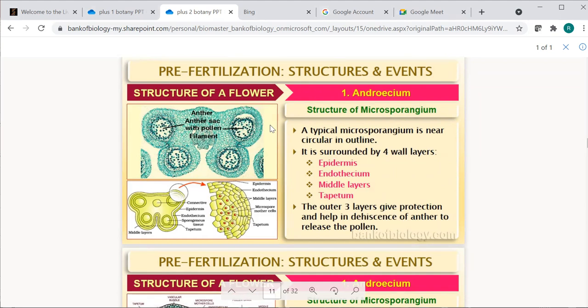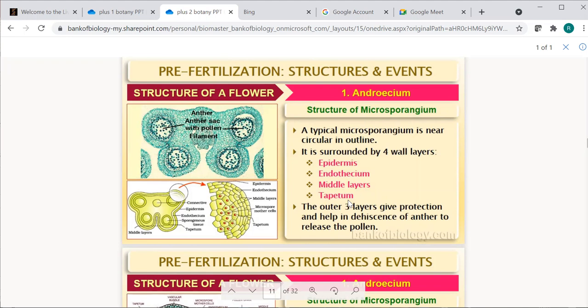Endo मतलब epidermis के नीचे वाला, the endothecium, inside covering. Endo का मतलब covering, endothecium. The middle layer, उसके नीचे आएगा middle layers, and उसके भी नीचे आएगा tapetum.